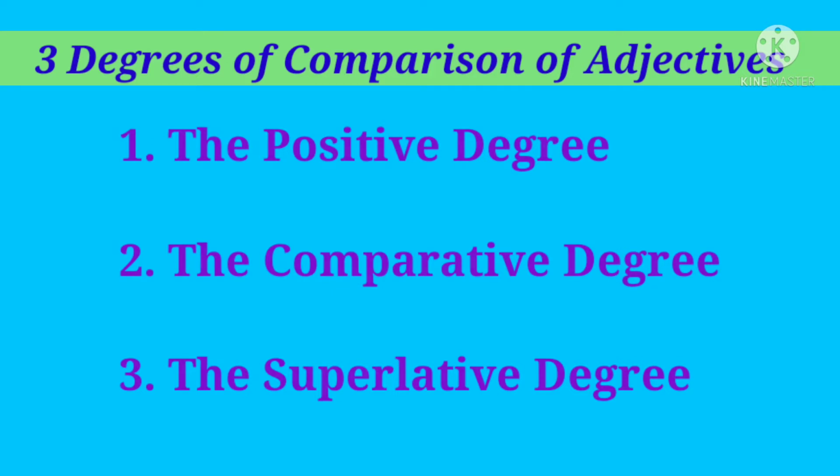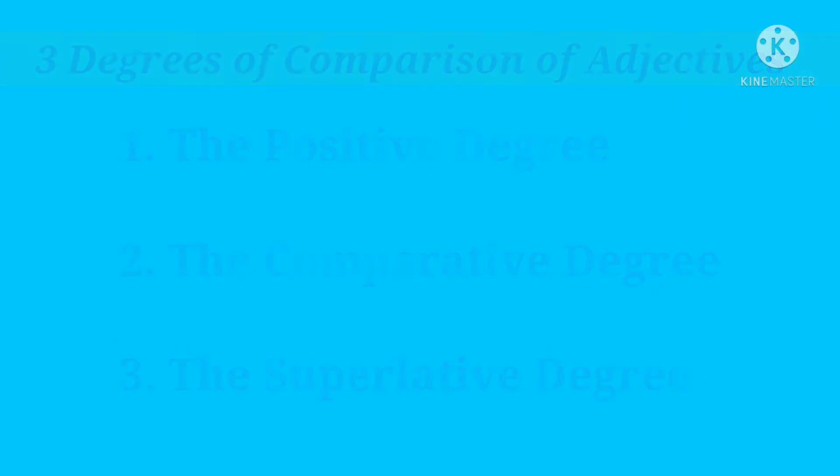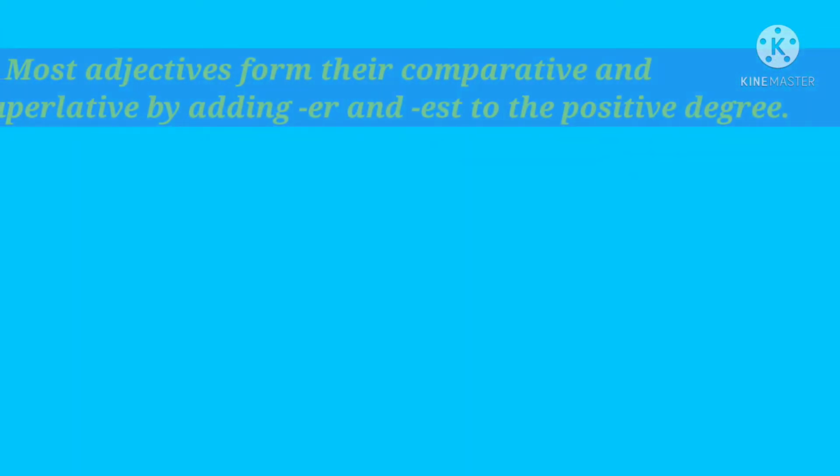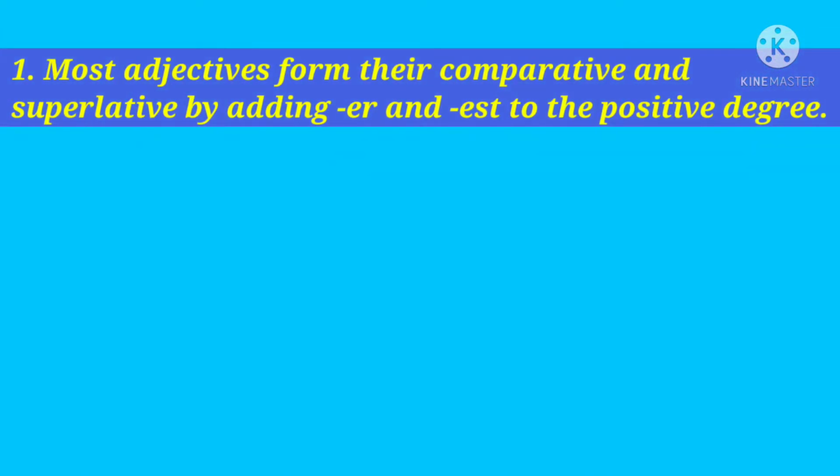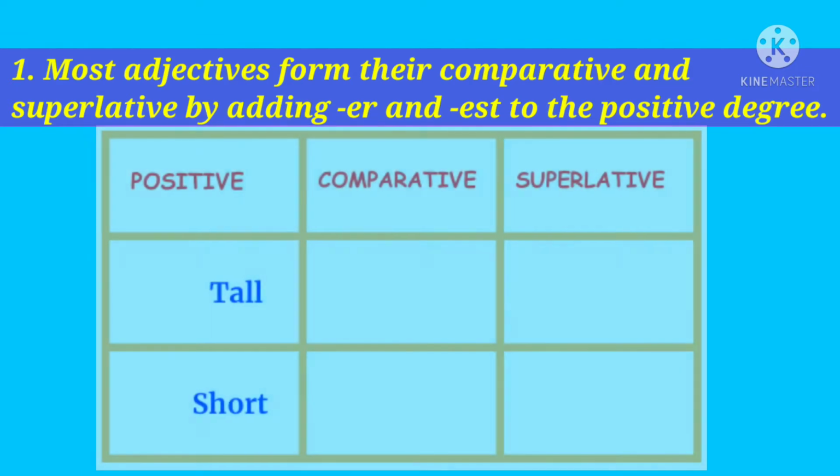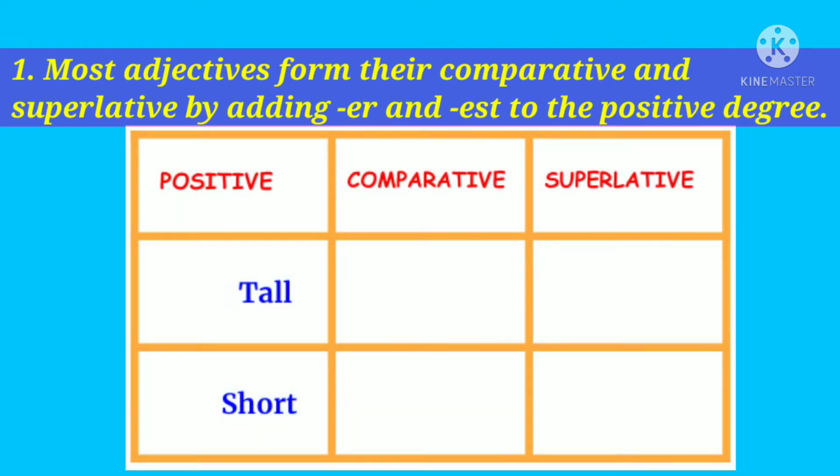The first rule is that most adjectives form their comparative and superlative by adding er and est to the positive degree. For example, these two are the positive degrees, that is tall and short. So the comparative degree of the adjective tall will be taller. Here we have added er to the adjective tall to form the comparative degree.